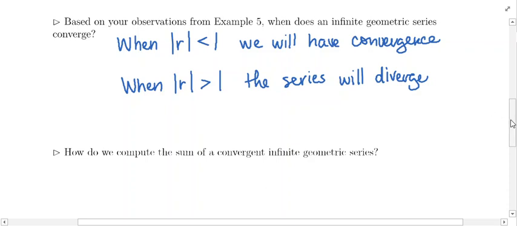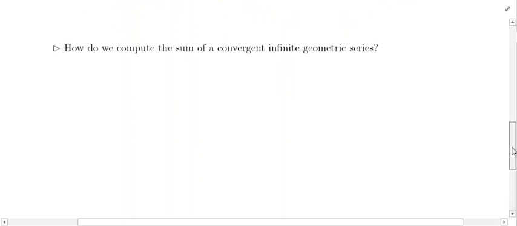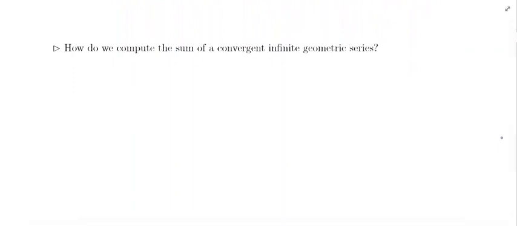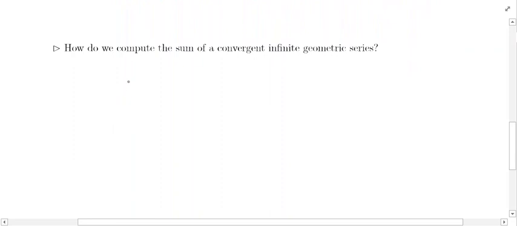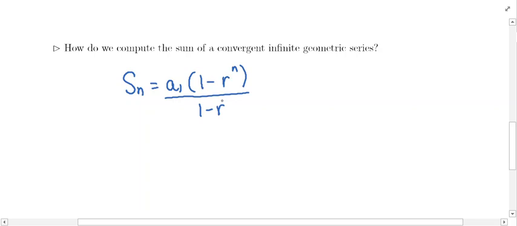So last thing here, how do we compute the sum of a convergent infinite geometric series? Is there a formula? Well, yes, there is. So we saw this particular formula. This is the formula we're using when we're adding the first n many terms of a geometric series.